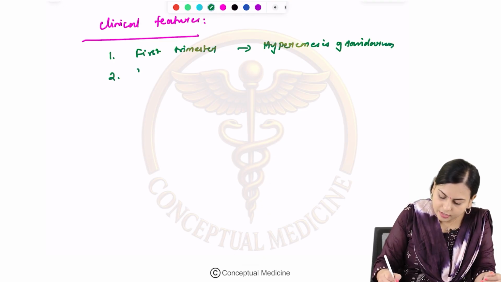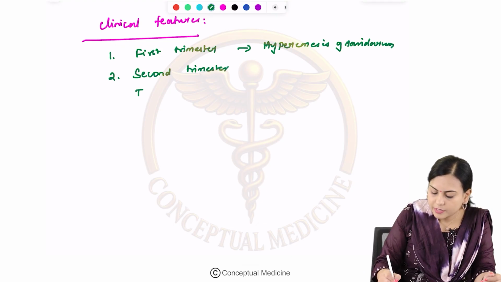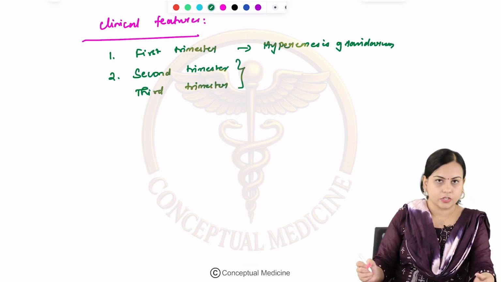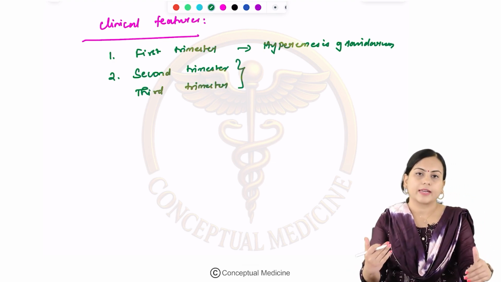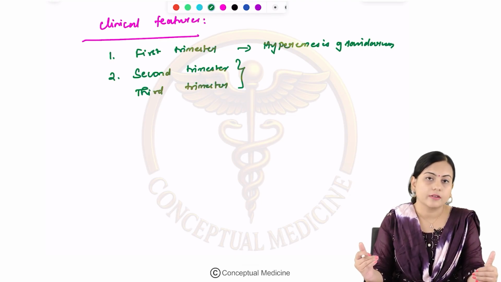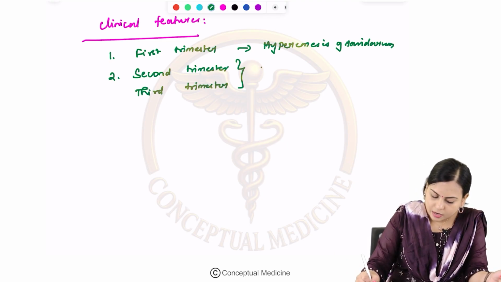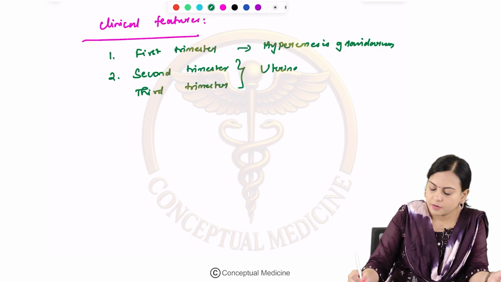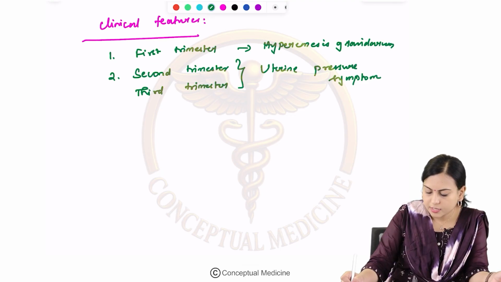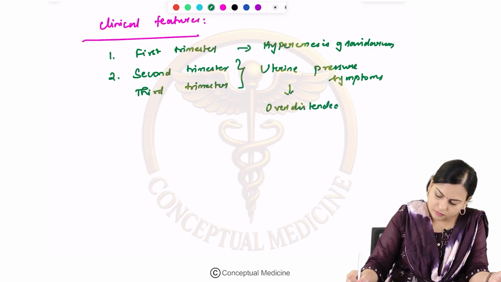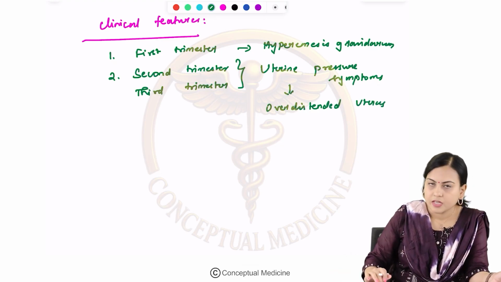And in the second trimester and third trimester as well, what happens is the uterus will go for over distension, okay, because of carrying two babies, and also there will be increased amount of amniotic fluid as well, isn't it. So, there will be uterine pressure symptoms, okay, that can be seen due to the over distended uterus, okay.